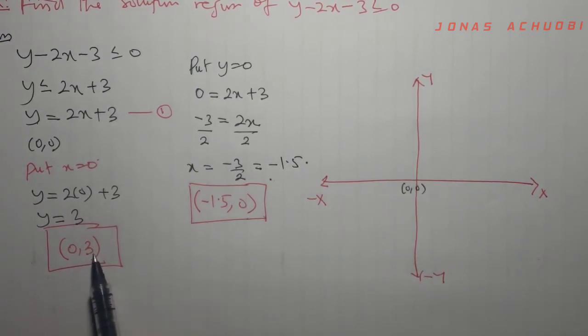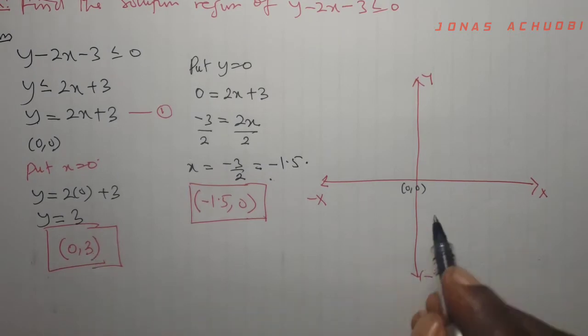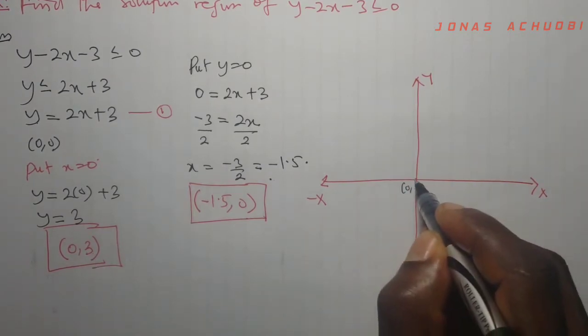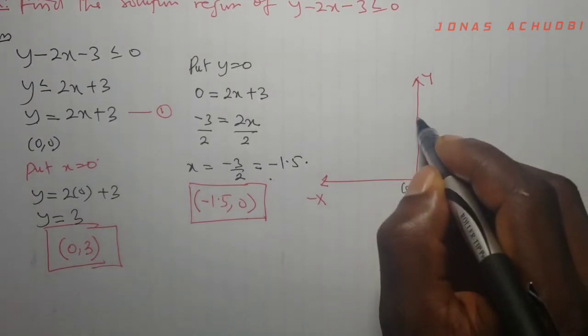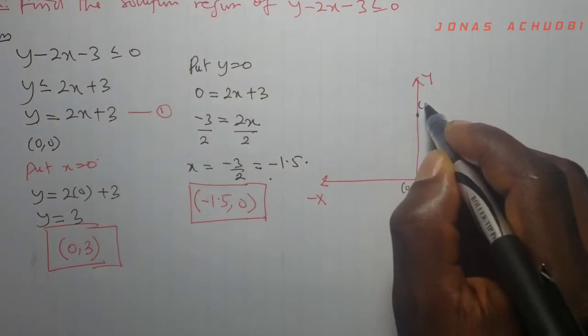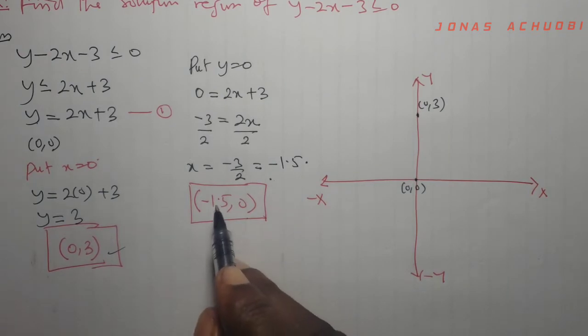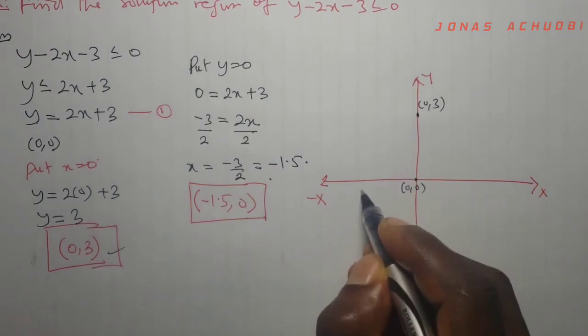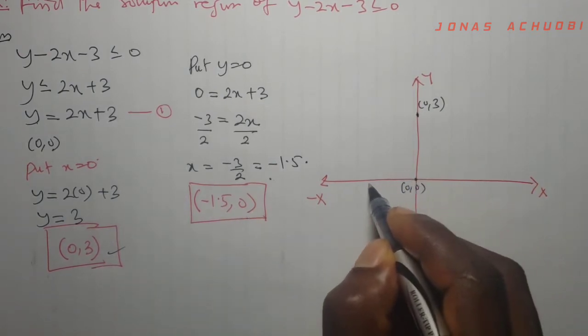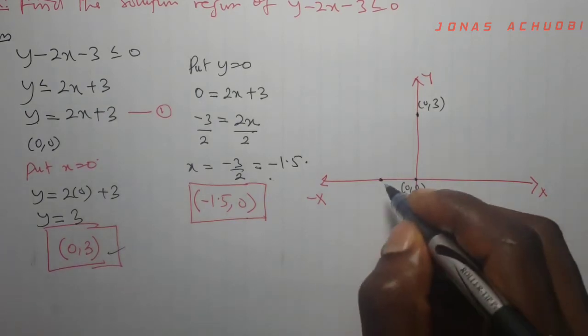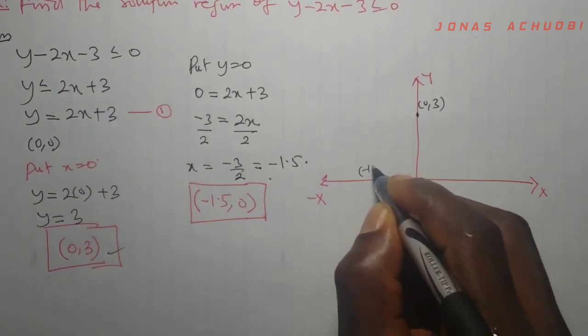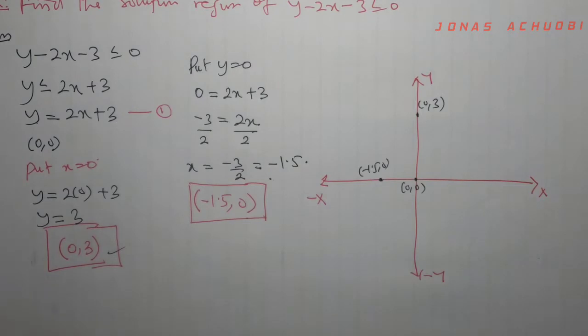So when x is 0, y is 3. That's the first point. When x is 0 here, y is 3, somewhere here. Let's call that point 0, 3. The second point is when x is negative 1.5, which is this way, y is 0. So when x is negative 1.5, let's say somewhere here, y is 0.